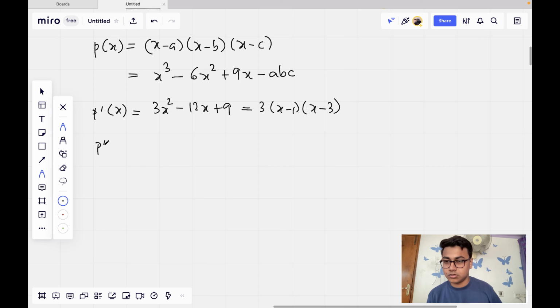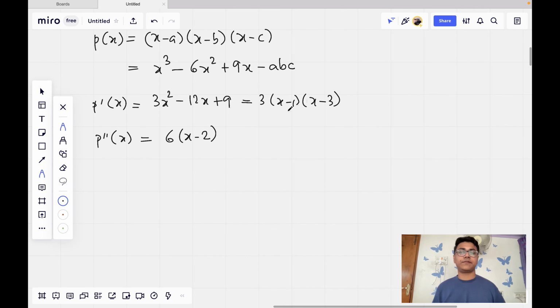We also look at P double dash x, which is just 6x minus 12. We won't need P double dash x, but just as a safety. Okay, we will use P dash x. Since P dash x is 3 times x minus 1 times x minus 3, it is very easy to see the following.